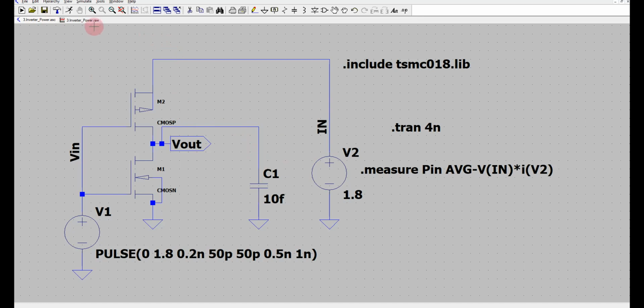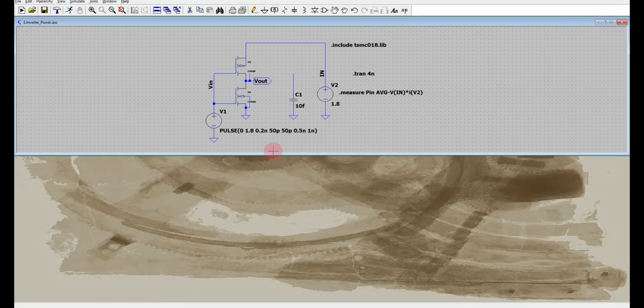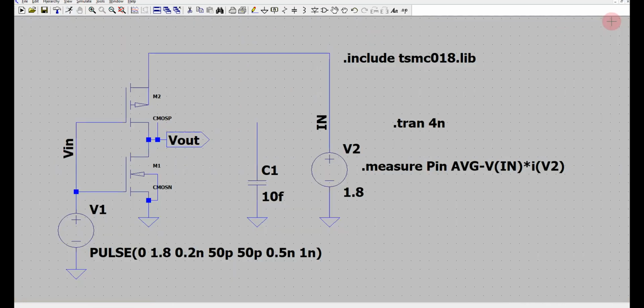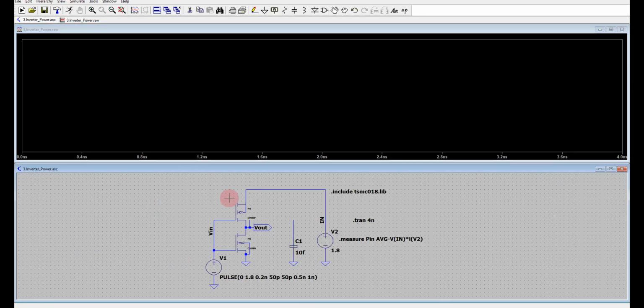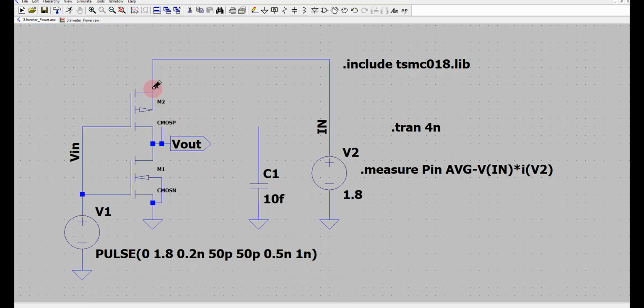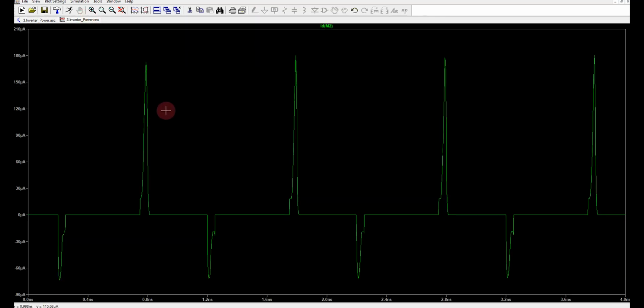Now let's try and understand how to measure the total power and things like that. Let me first remove the capacitor and then run, and to find out the power, let me just plot the current which is flowing into this PMOS. Right. Okay.